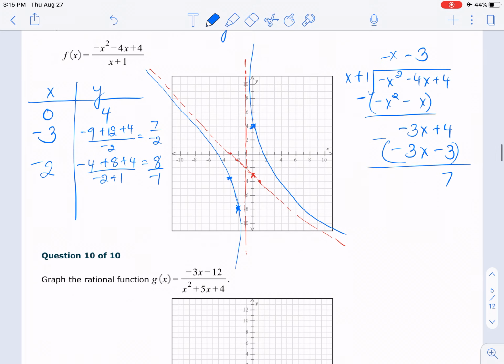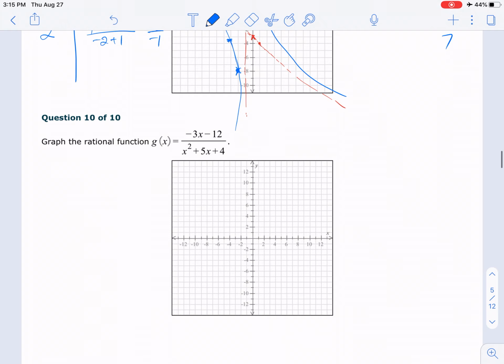Okay, so number 10, once again, I'm going to look for the vertical asymptote. But you can see right here we have negative 3x, so I'm going to factor negative 3 out. So I'm going to get x plus 4. And then on the bottom, we have x plus 1 and x plus 4.